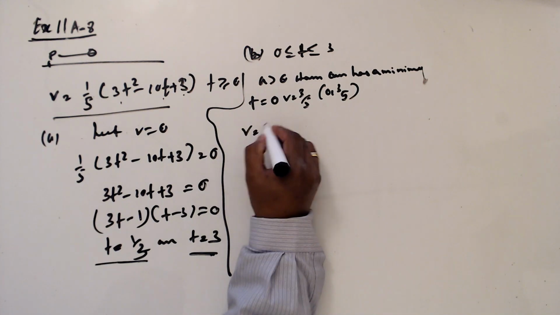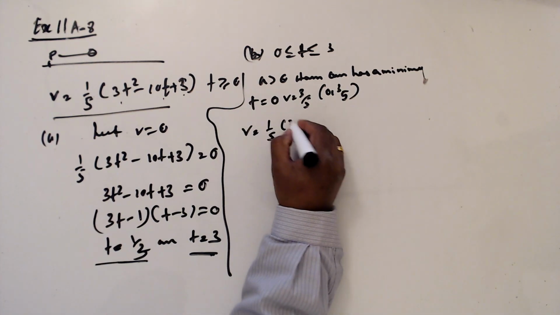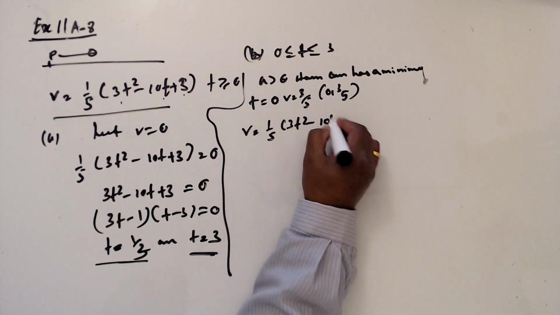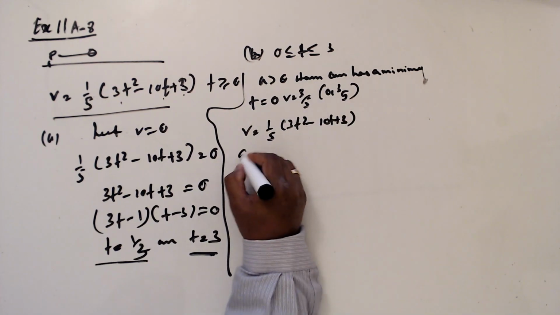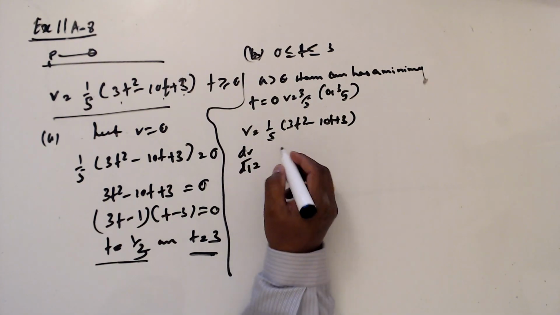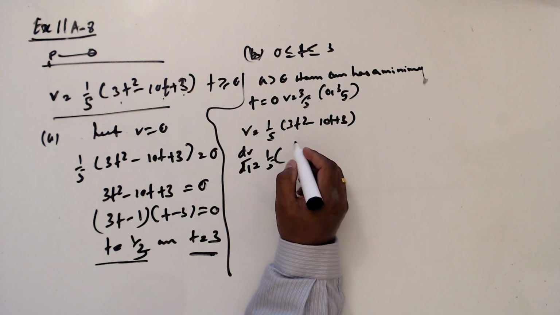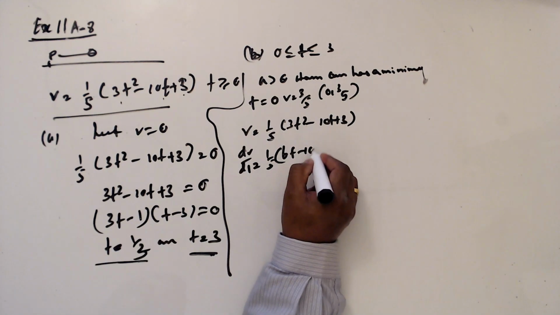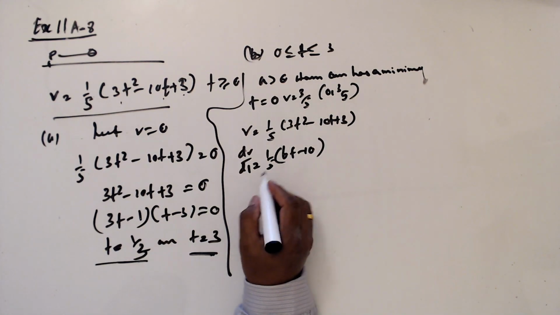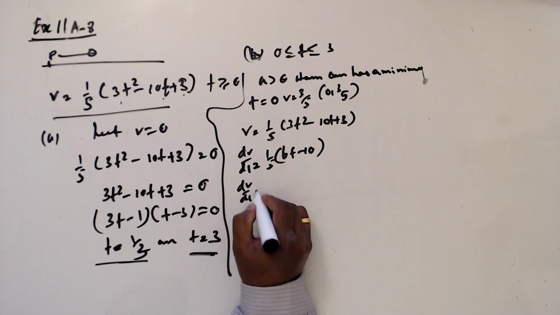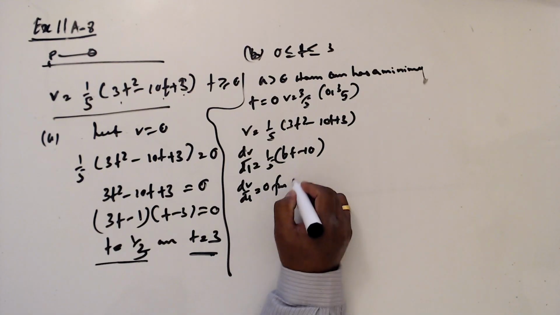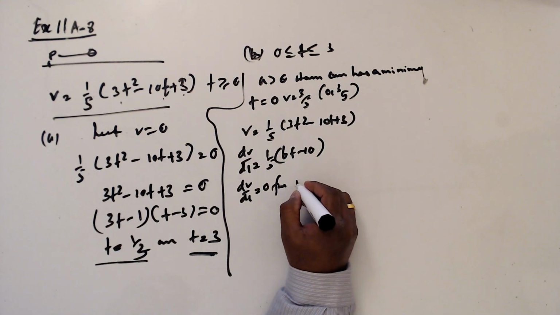V equals 1 over 5 times 3t squared minus 10t plus 3. So dv over dt is 1 over 5 times 6t minus 10. So dv over dt equals 0 for the minimum.